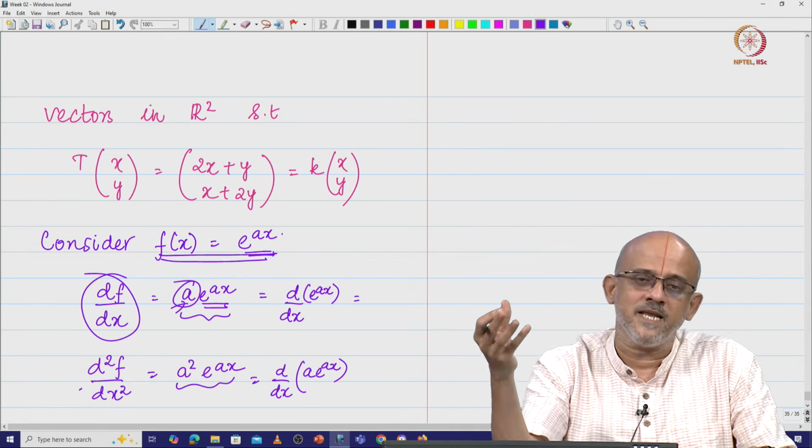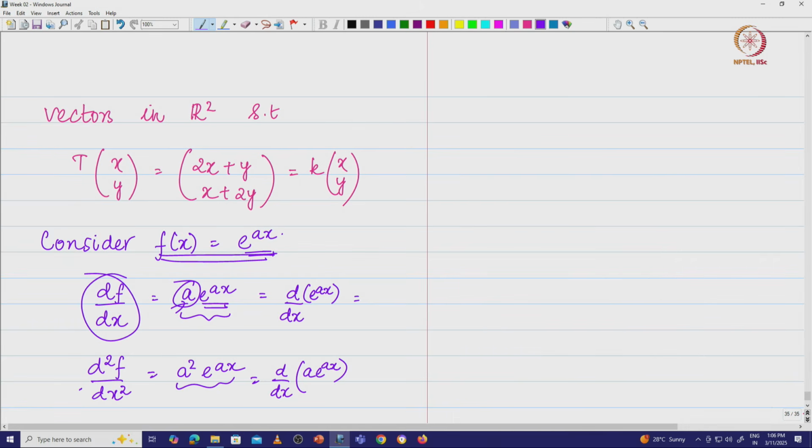So, in the next class we will reconsider this transformation, which took every vector with components x and y and gave me another vector with components 2x plus y and x plus 2y. For this transformation, we want to check whether it can result in a vector which is a scaled version of the input.